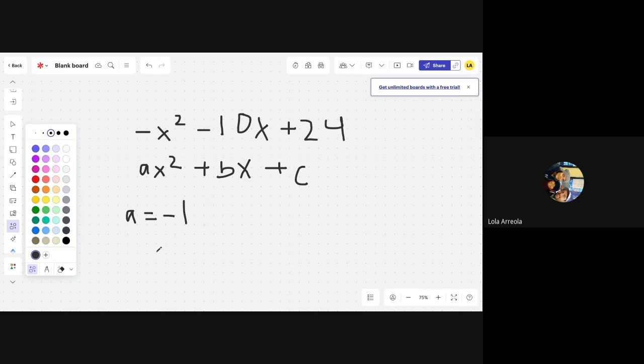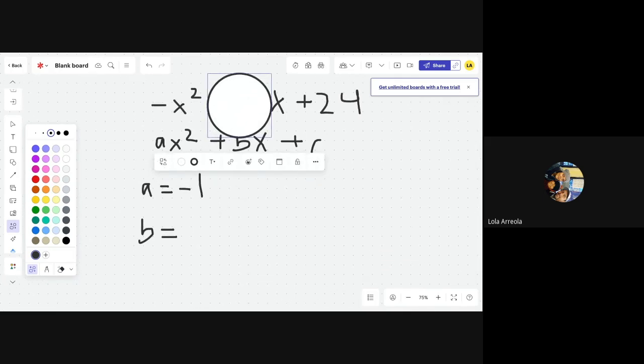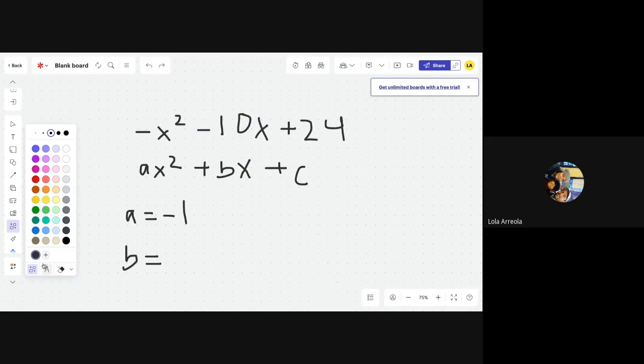So now, what's my b term? Again, the number in front of the x. I've got to be careful because I see a negative. So it's not just 10, it's a negative.